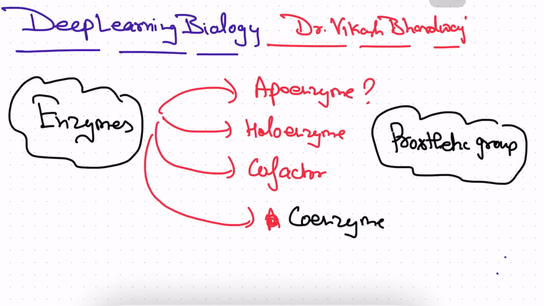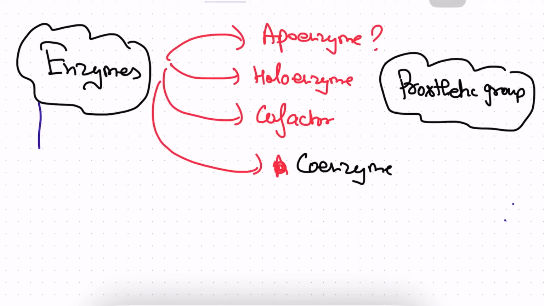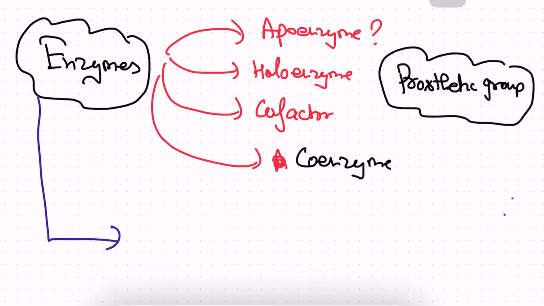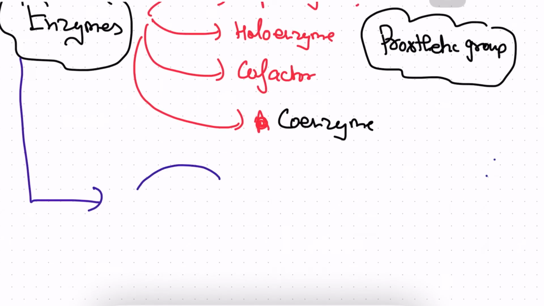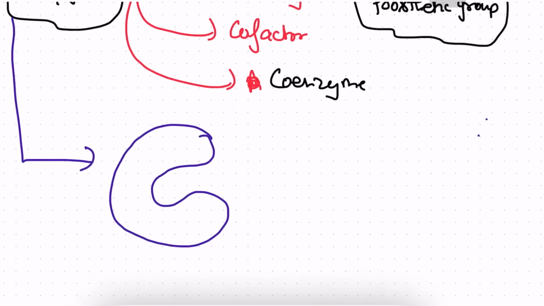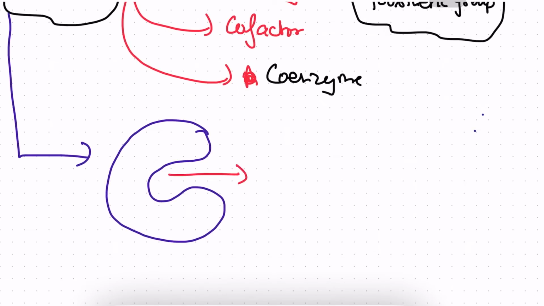Now here I just want to tell you, you must be knowing enzymes, generally they are proteinous in nature. So let's suppose this is one enzyme. Now here you can see the active site. Within the enzyme you are going to have a pocket that is known as active site. At the active site, the substrate will come and bind, and from here we are going to see the release of the product.